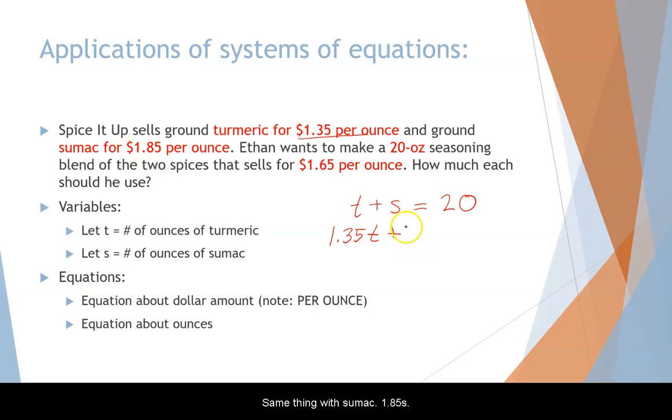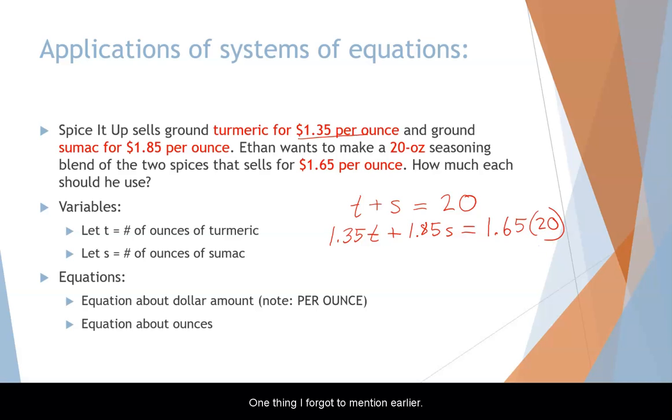Same thing with sumac, 1.85s. And on the other side of the equal sign, I want to figure out what the total cost is for that 20-ounce seasoning packet. So I'm going to do 1.65 times 20.